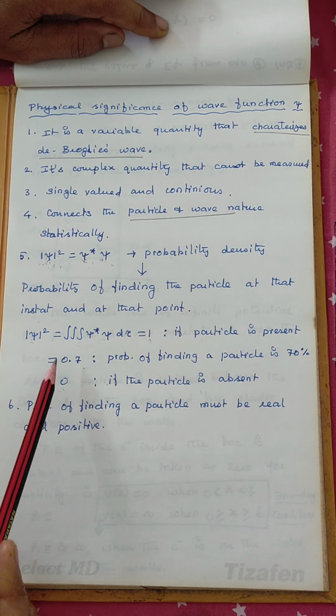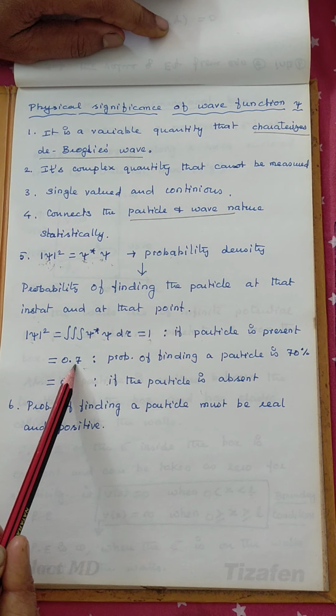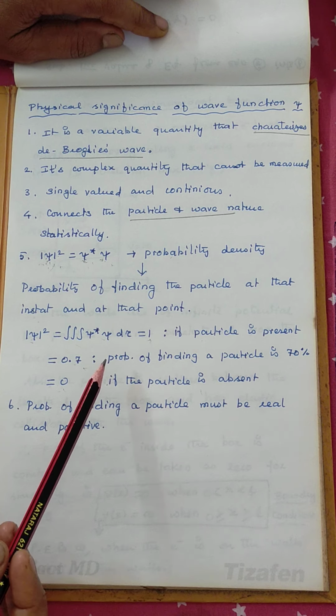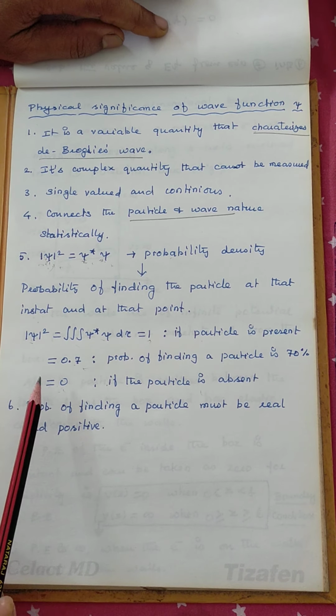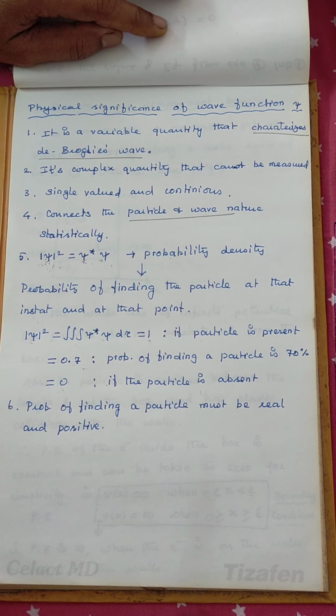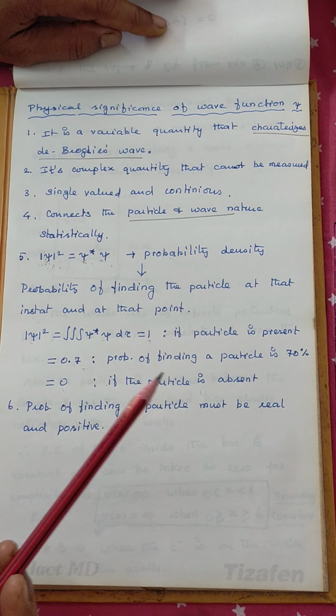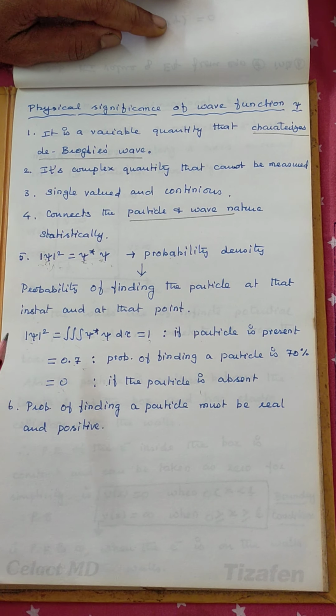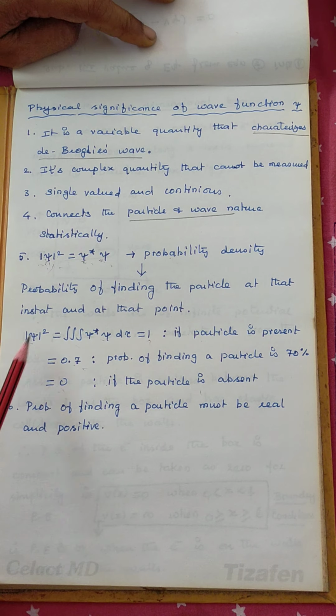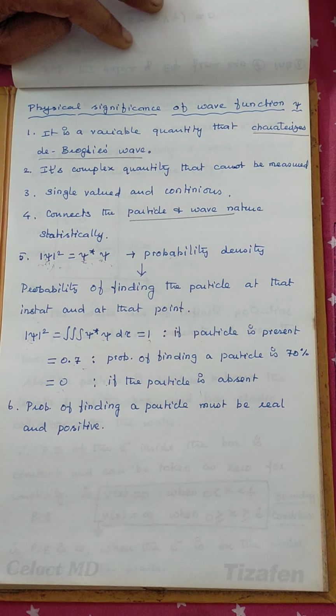If it is 0.6, 0.7, say for example, if it is 0.7, the probability of finding the particle is 70%. If it is 0.2, only 20% of finding the particle. So the probability of finding a particle must be real and positive. It gives the information about the probability of finding a particle at that instant.